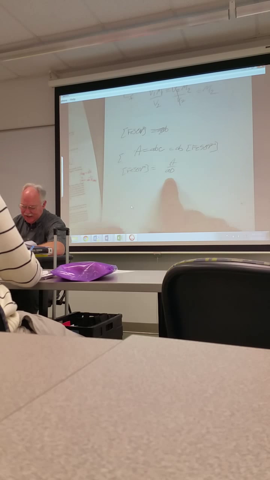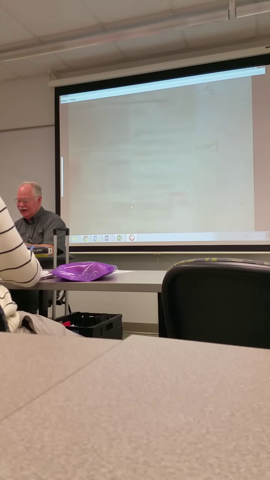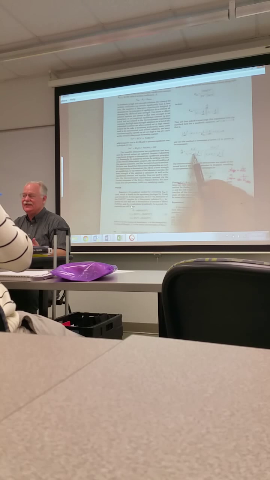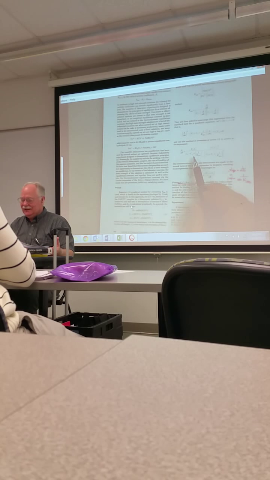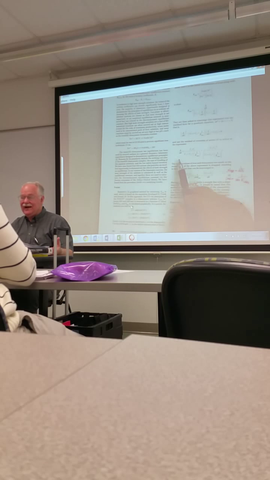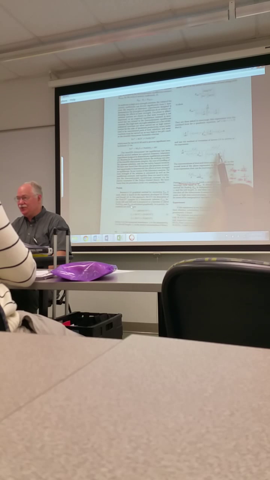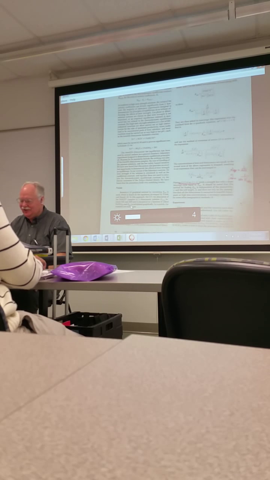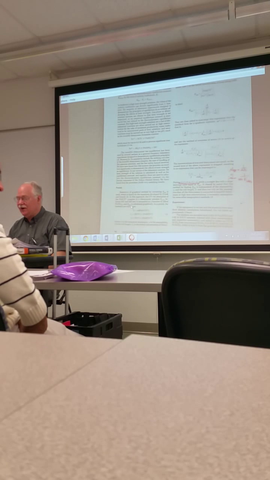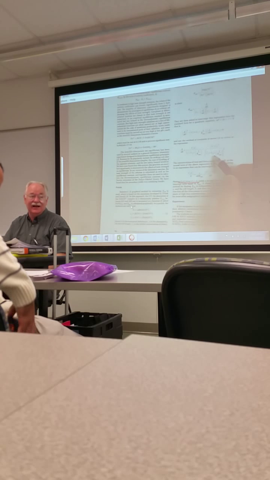So if we simply put that in there, dropping the higher order terms, because CF and CS are on the order of 10 to the minus 3 or 4. When you multiply them together, 10 to the minus 3 times 10 to the minus 3 is 10 to the minus 6, and you square that, you get 10 to the minus 12. The next term is 10 to the minus 18. So these higher order terms get small very quickly, and we can simply neglect them.